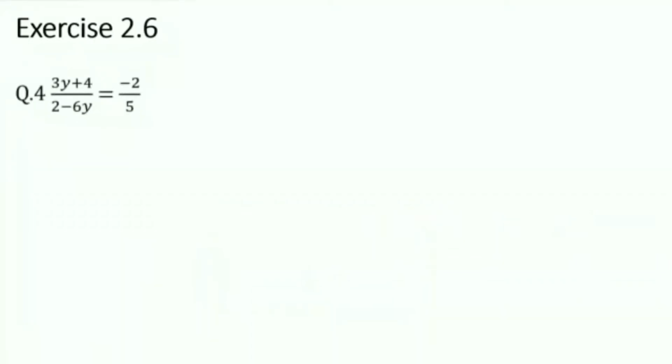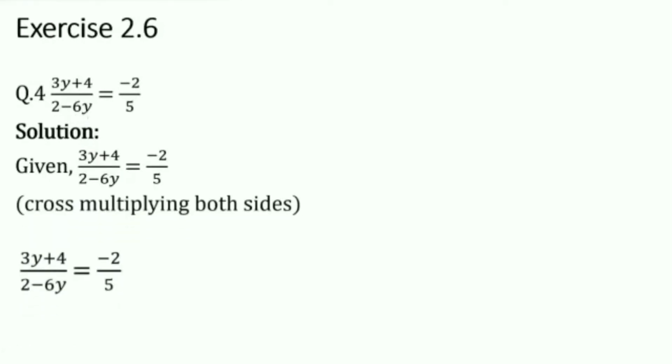Question number 4. 3y plus 4 upon 2 minus 6y is equal to minus 2 upon 5. So again, we will be cross multiplying this 5 with 3y plus 4 and this minus 2 with 2 minus 6y.